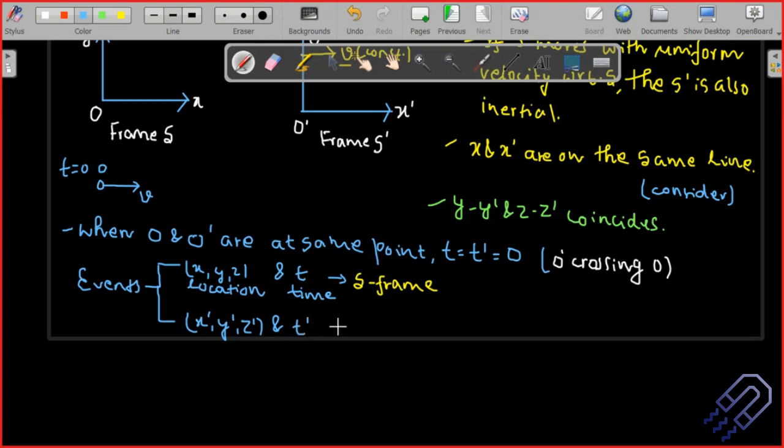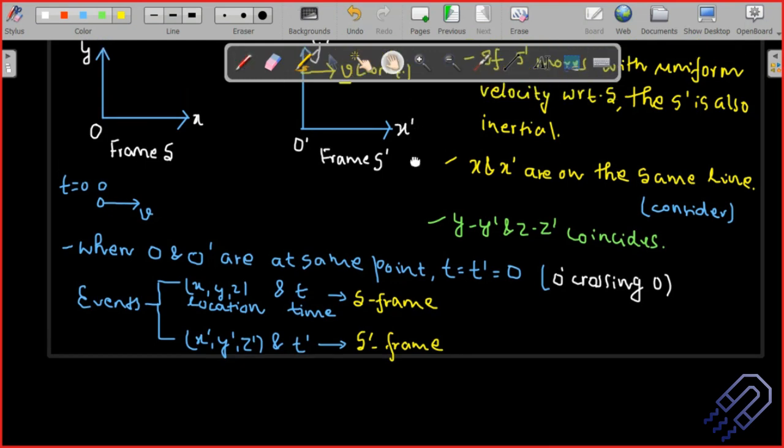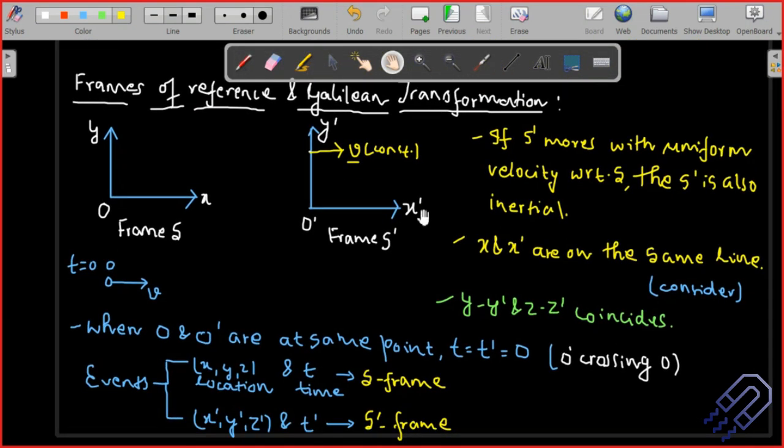This is in the S prime frame. So these are the two events that we usually have. You have to consider this. This is the entire picture, and based on that we are going to do the Galilean transformation.